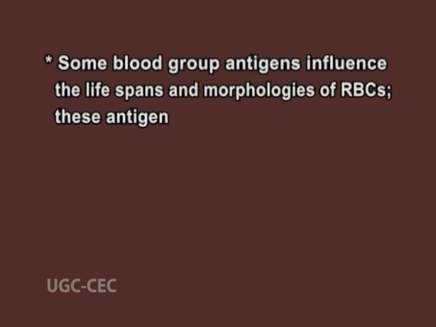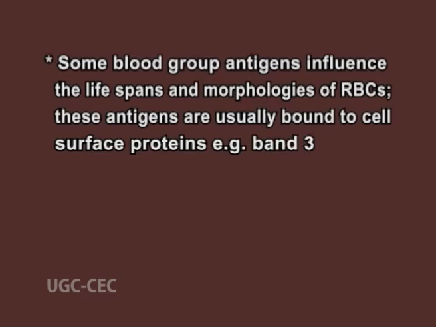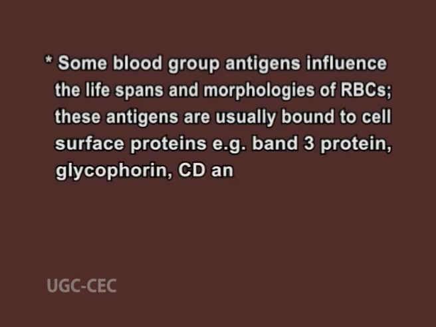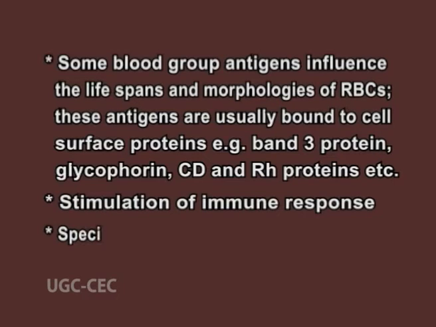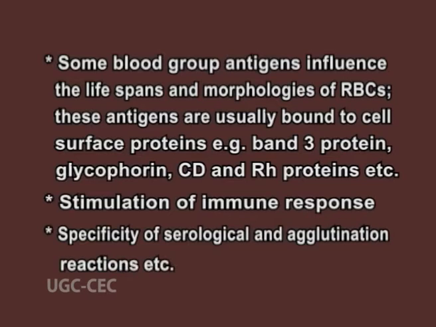These antigens are usually bound to cell surface proteins, for example, Band 3 protein, glycophorin, CD protein and Rh proteins, etc. They can also mediate stimulation of immune response and they also mediate specificity of serological and agglutination reactions, etc.